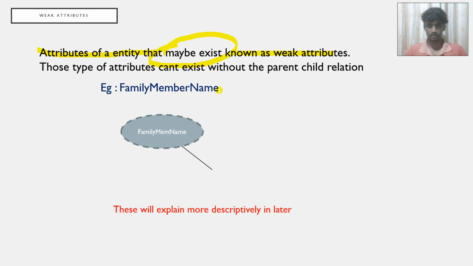At this stage it is not necessary to define what this weak attribute means, but I can explain this aspect more when it comes to weak relationships. So for now, just remember, like the weak entity, it can't exist independently, or it may or may not exist. That's what weak attribute means.